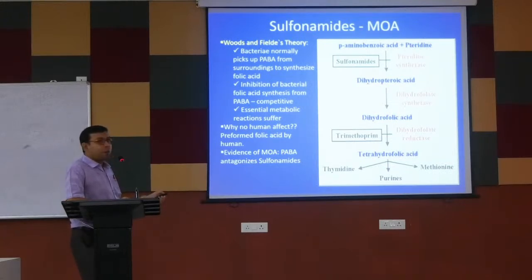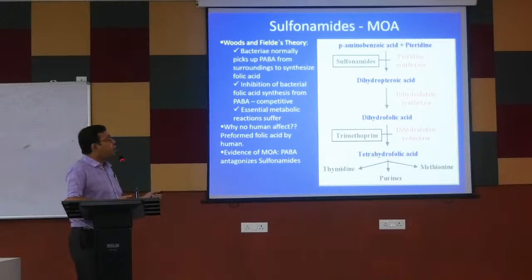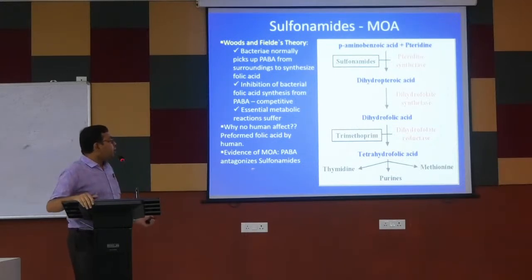So this is the mechanism of action by which sulfonamides act, and where trimethoprim acts, another agent that can be added. But the question is, why are humans usually not affected? Because we humans use preformed folic acid. Usually for the synthesis of tetrahydrofolic acid from para-amino benzoic acid, bacteria need to make it themselves. It has also been seen that if we supply para-amino benzoic acid from outside, that can antagonize sulfonamides.